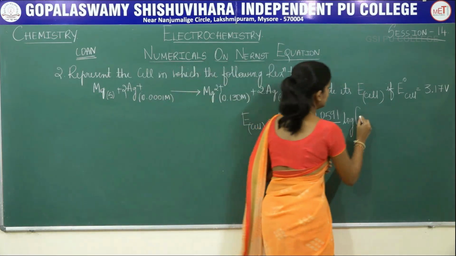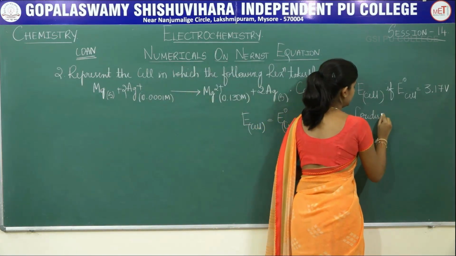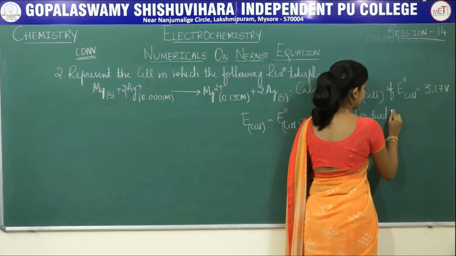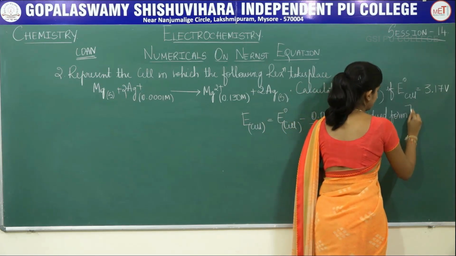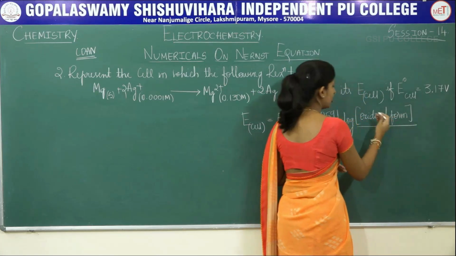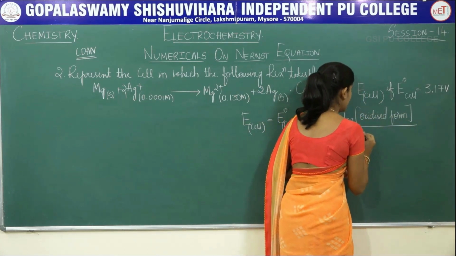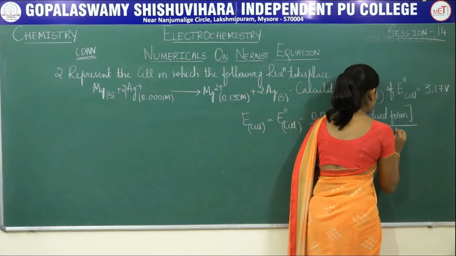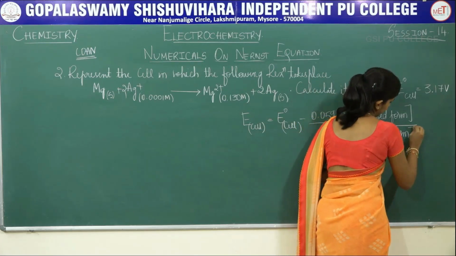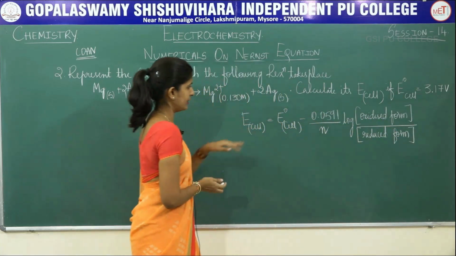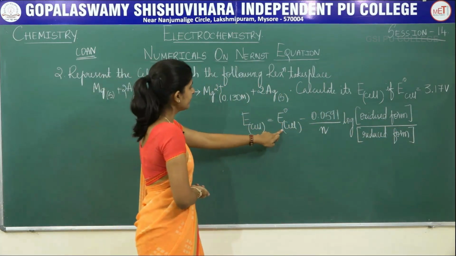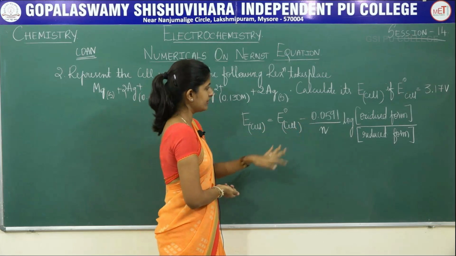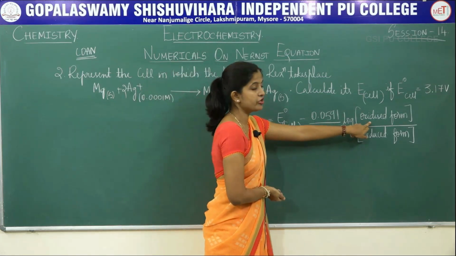Directly I am going to write it as the molar concentration of oxidized species divided by the molar concentration of reduced species. This is your Nernst equation. Now, according to your equation, what is required is the molar concentration of the oxidized form.